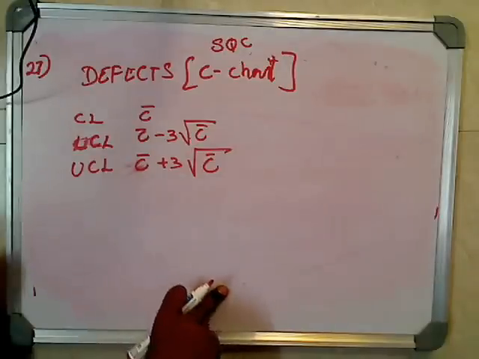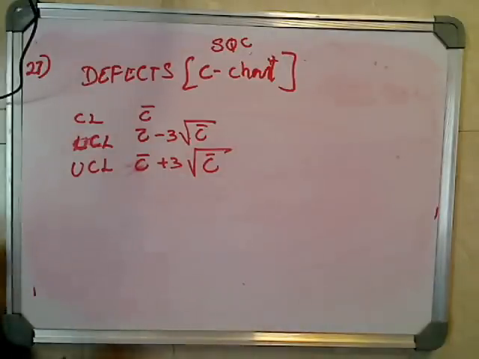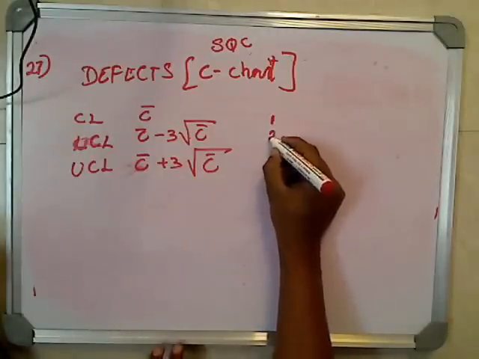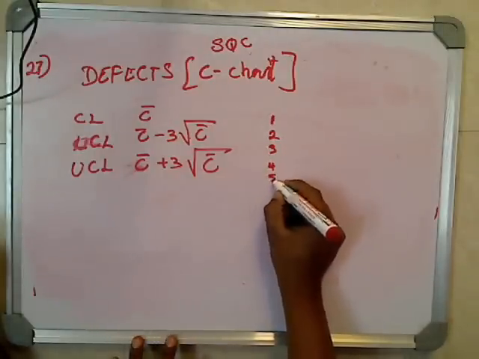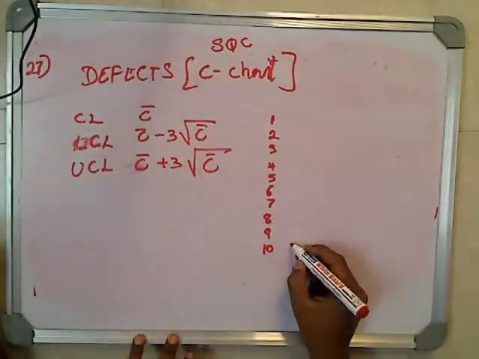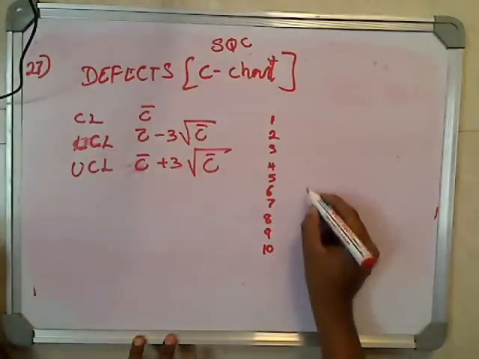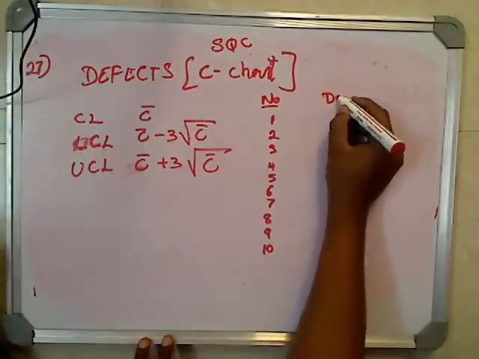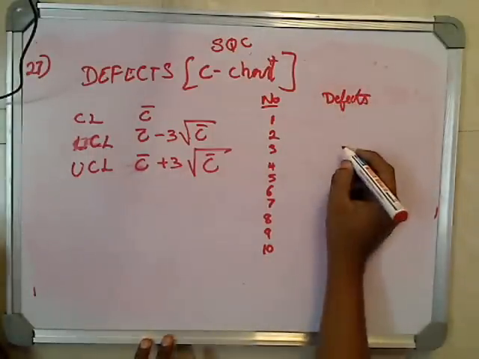Firstly, if you look at the different values that have been given here, the various chassis numbers, chassis 1, 2, 3, 4, 5, 6, 7, 8, 9, and 10, the various values for these have already been mentioned. This is the chassis number, and this would be the defects in each.